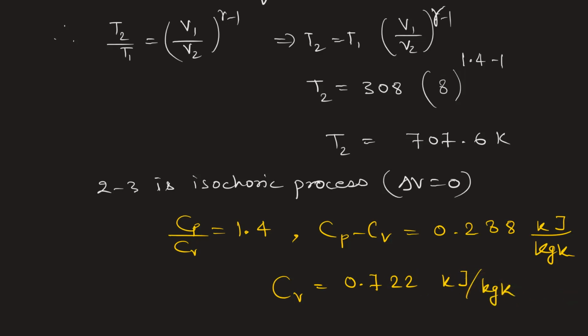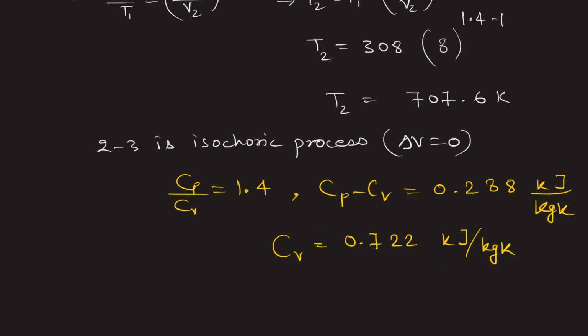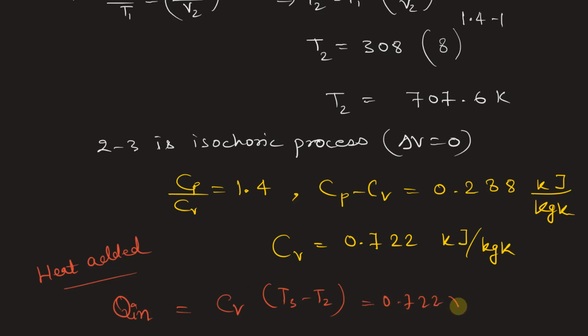Now we can find the heat input. So Q in, the heat added to the cycle or to the system, is equal to Cv times T3 minus T2, which is equal to 0.722 times T3, which is given as 2660, minus T2, which we have already found as 707.6.